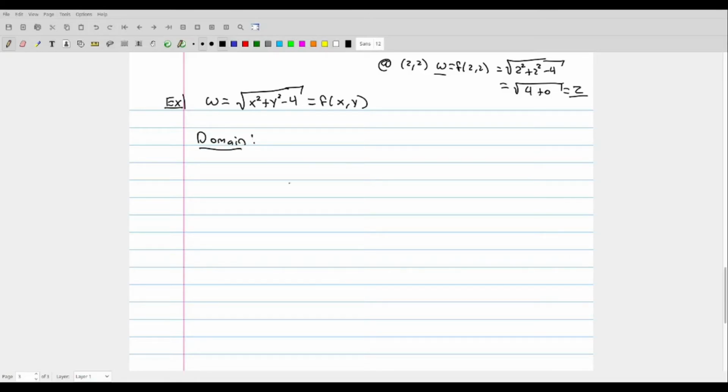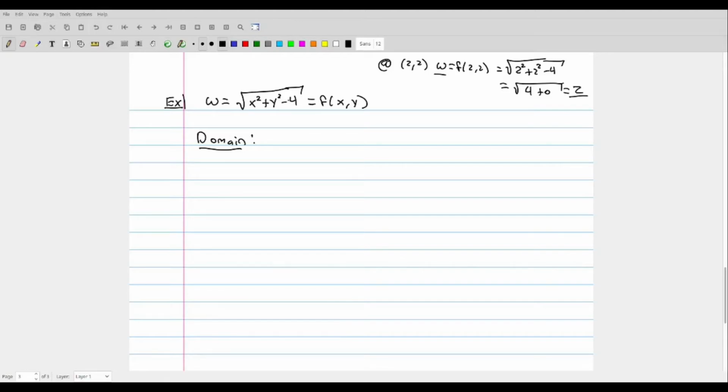The domain can be found by looking at the function and identifying any bad scenarios involving the function itself, any way the function may not be defined. Here we have a square root, and x squared plus y squared minus 4 inside it. That term itself is fine.